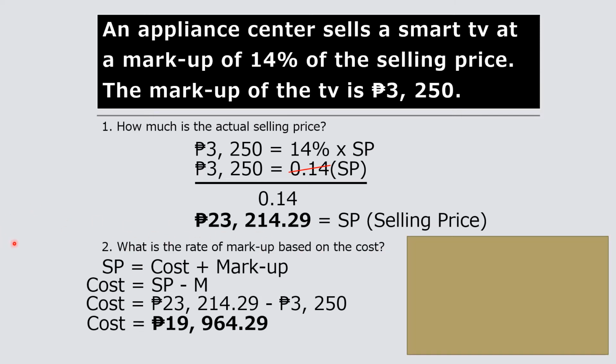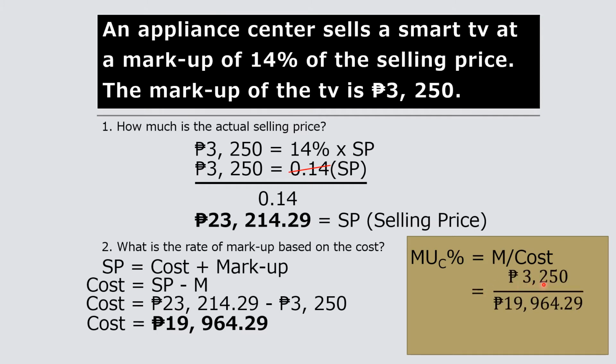What formula are we going to use? That is markup rate based on the cost. Markup rate based on the cost is equal to capital letter M, the markup, divided by the cost. And then we substitute the given values.